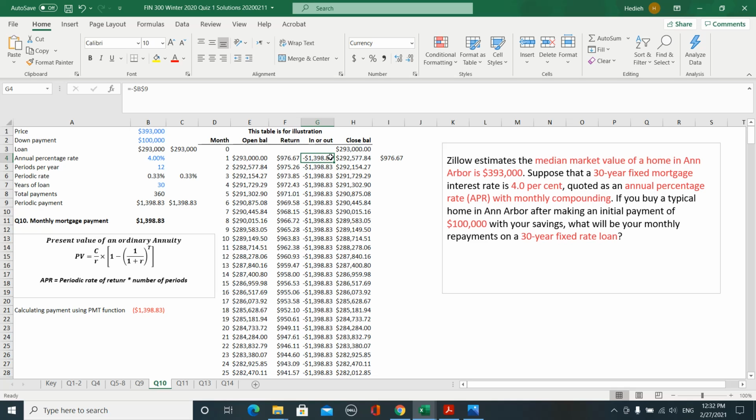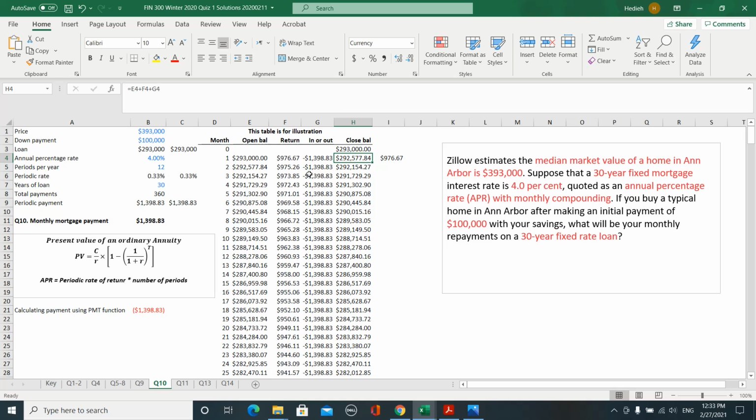This has a negative sign because it decreases the amount of money that you owe, okay? So at the end of the period, how much do you owe? You owe your initial balance plus the interest that you should pay to the bank minus the amount that you paid to the bank this period, okay? So you add them. So this is your closing balance.